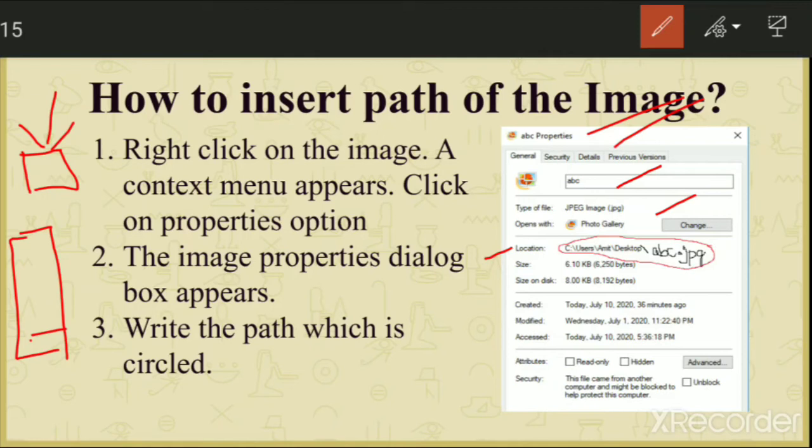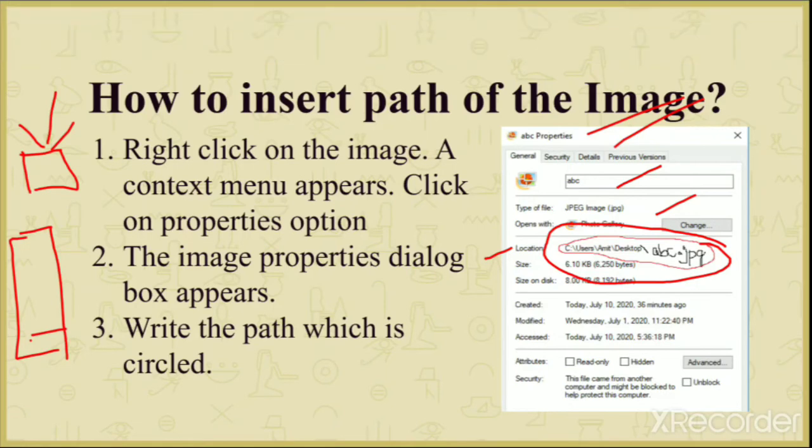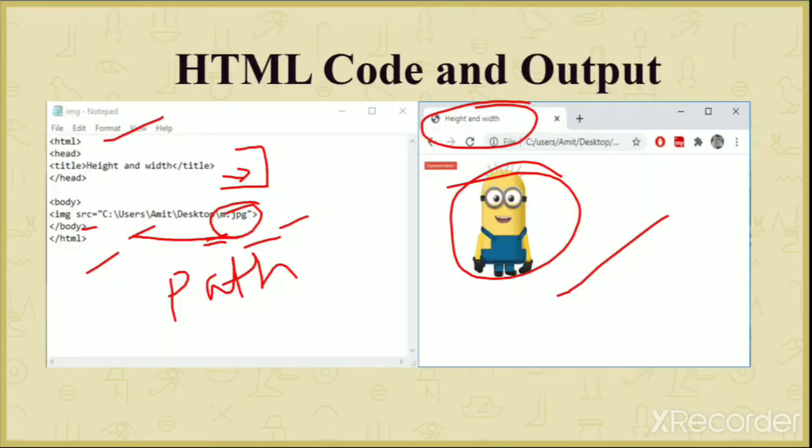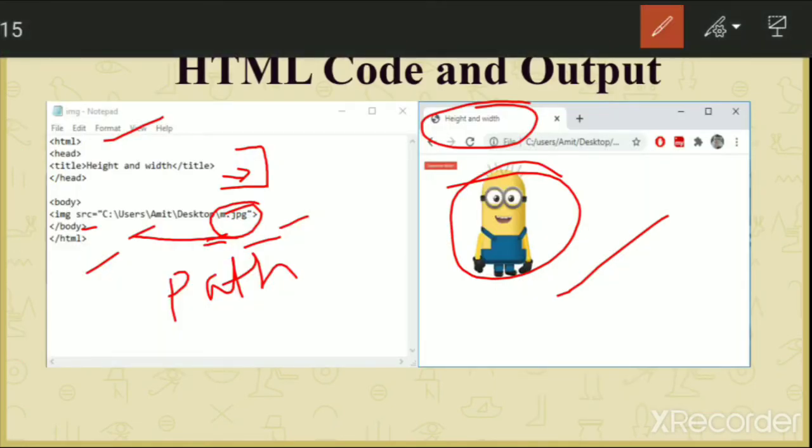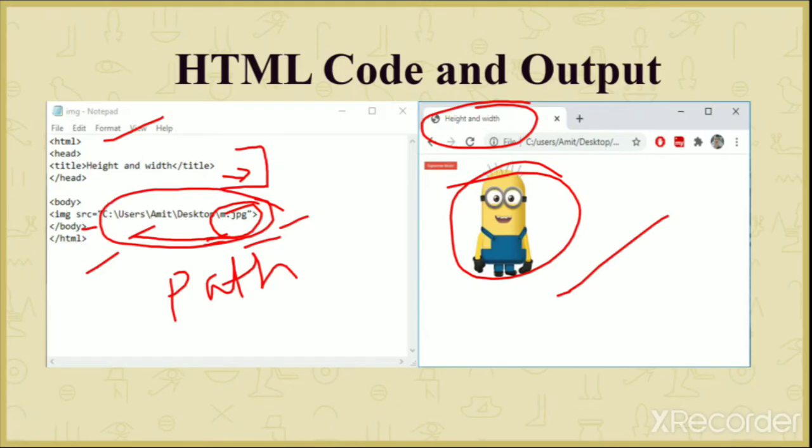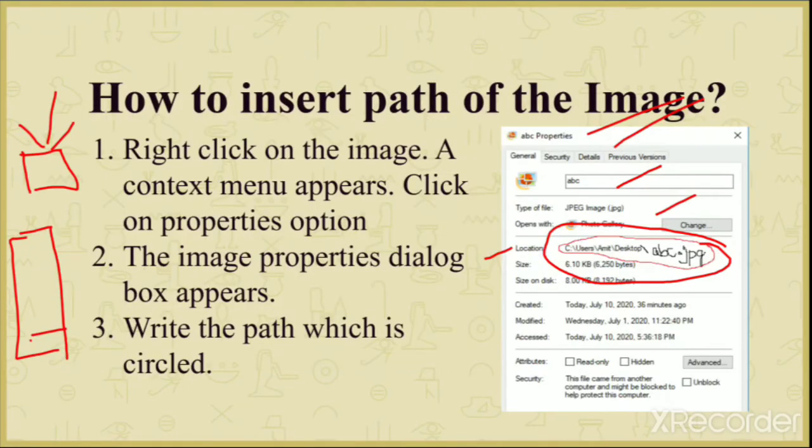In this case it is abc.jpg. So this is the complete path. You have to copy this complete path, and after this you have to write it over here. Clear? So this is the way we can insert the path of the image into our HTML code.